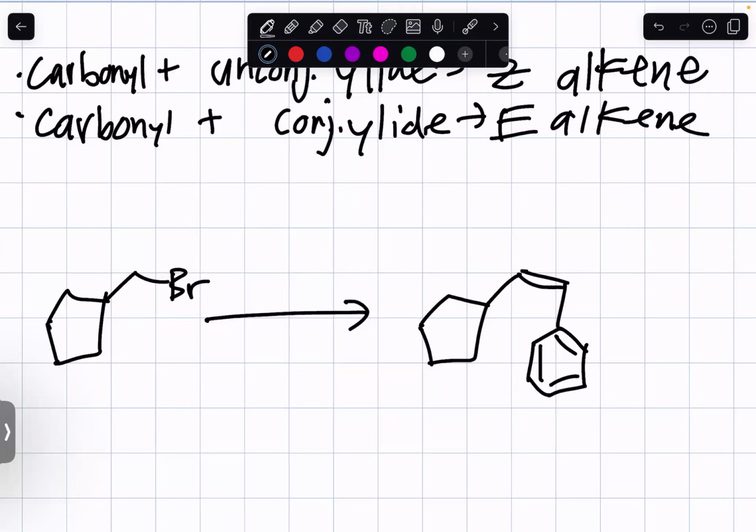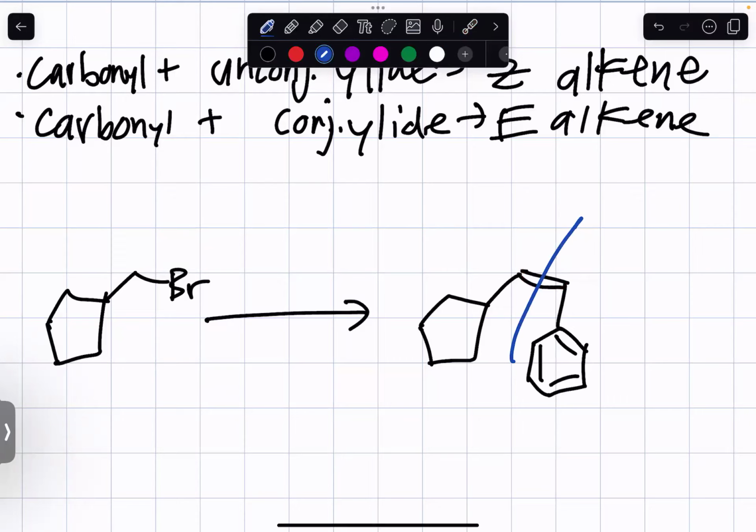First, locate the alkene. If this is going to be coming from a Wittig reaction, we're going to cut that alkene in half.